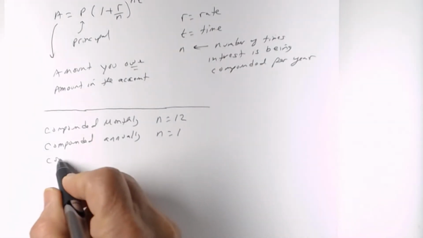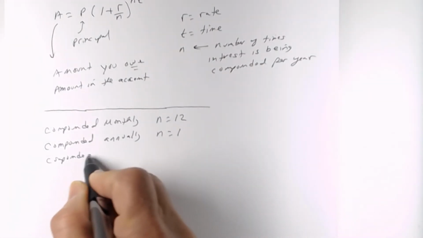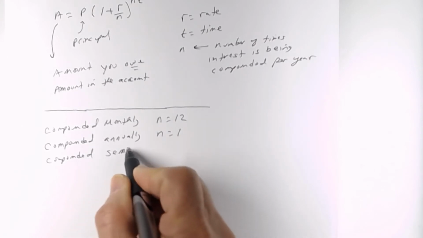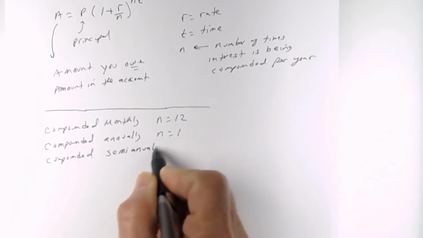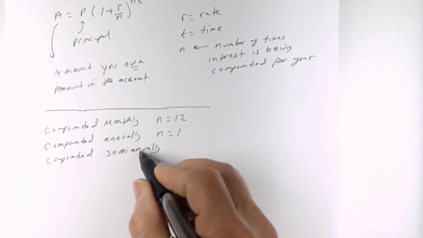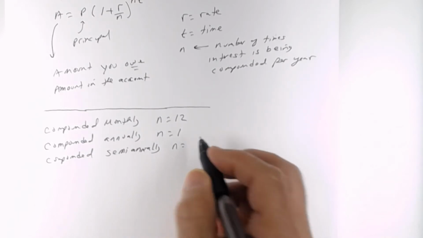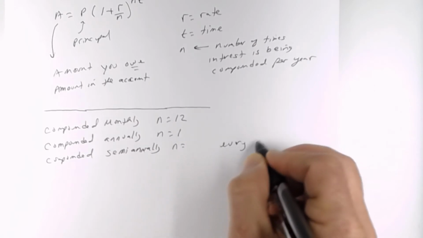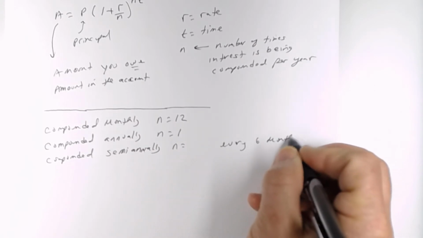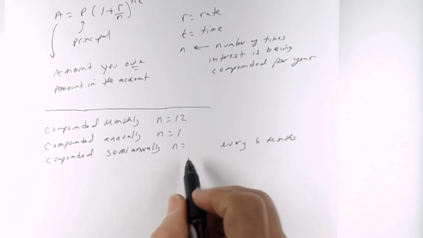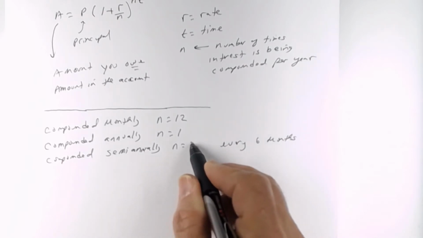If it's compounded semi-annually, then what's N? Semi-annually means every 6 months. So what would N in this case be? 2.